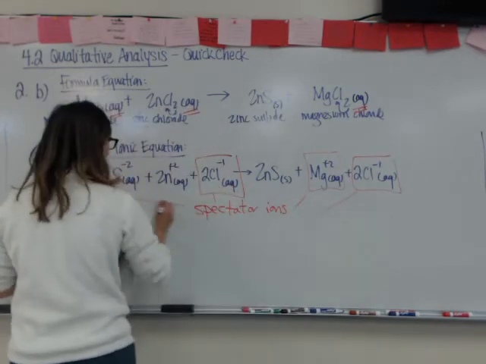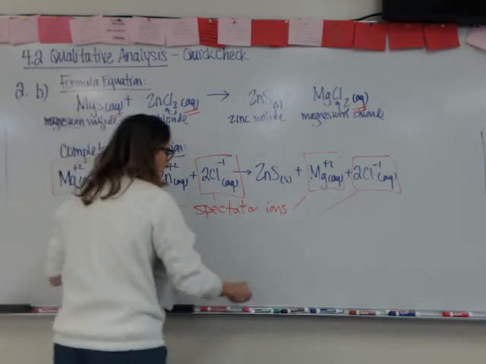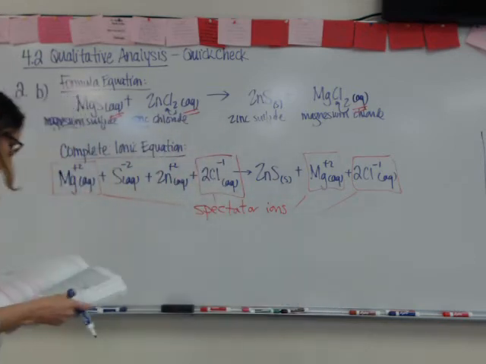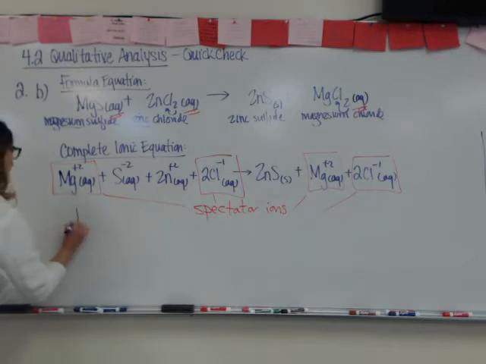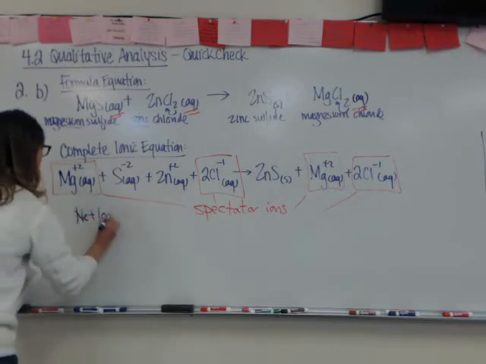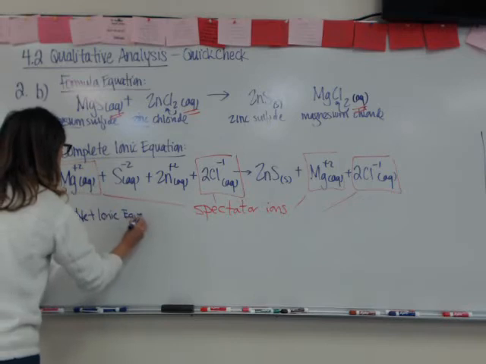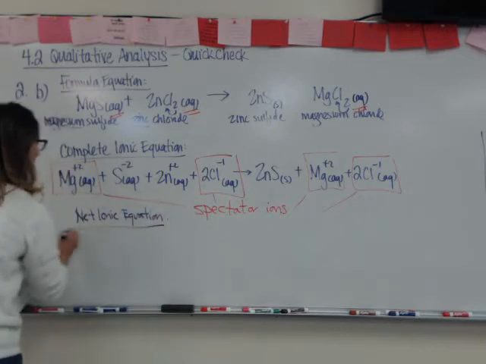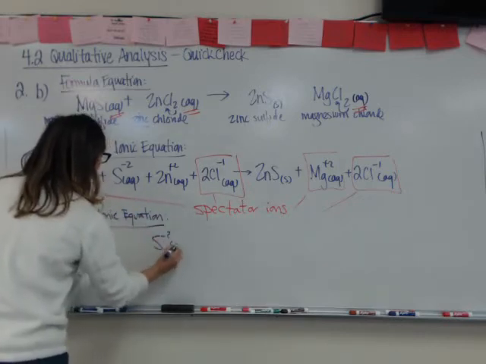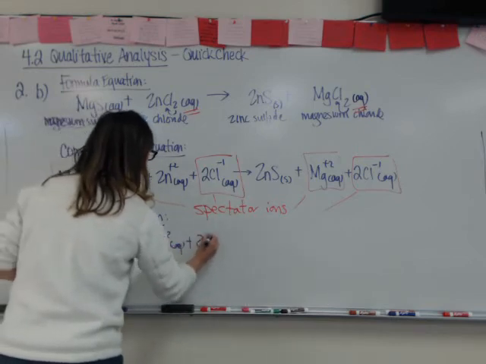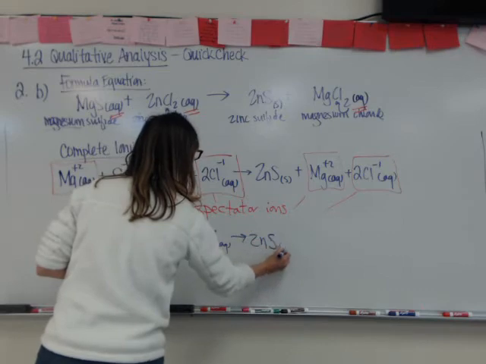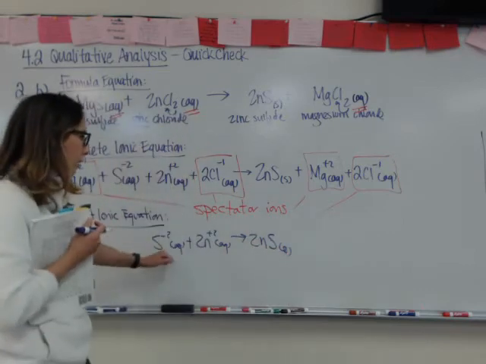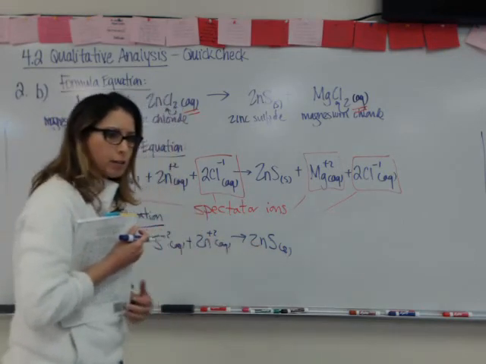They do not participate in the reaction. So once I go to write my net ionic equation, they cancel out. So I get sulfide, zinc, and I formed zinc sulfide. So these ions combined to give me this product.